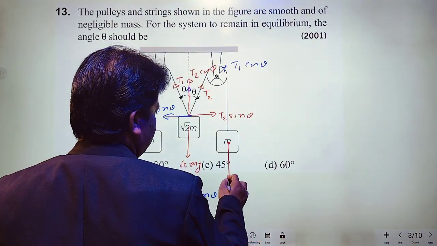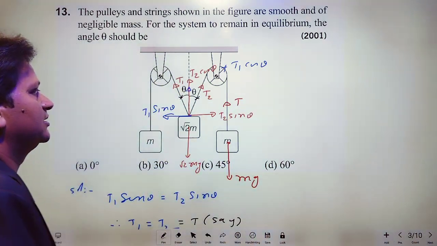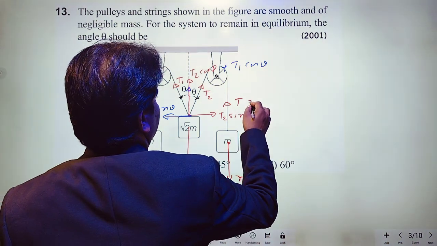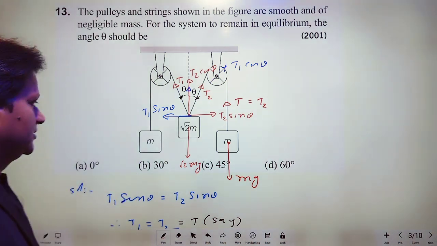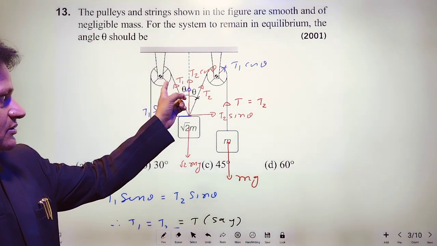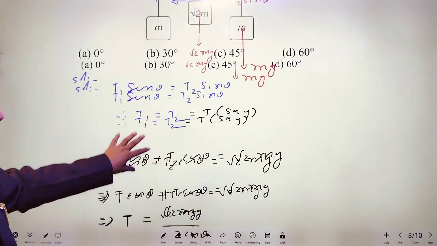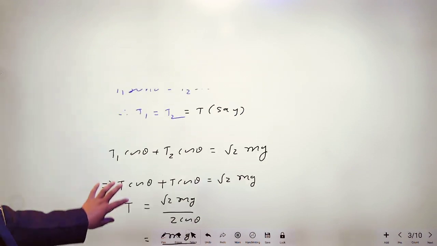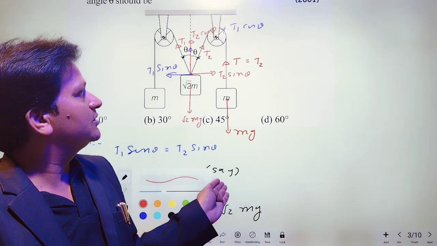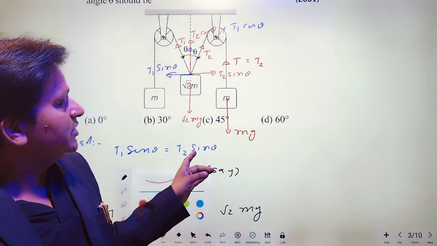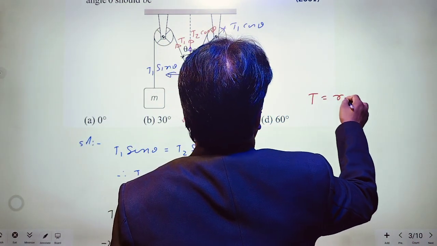This is mg and this is tension T. T1 is equal to T2 is equal to T. This block is in equilibrium, therefore the net external force will be equal to 0. Means T is equal to mg.